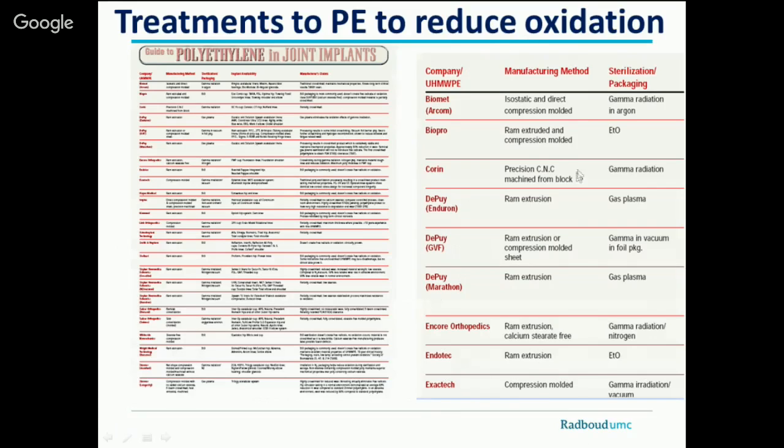These all have different ways of treating polyethylene and sterilizing and packaging it to make sure that we get rid of that oxidation that we talked about earlier, and to reduce the wear rates. And they can show that on these hip simulators.